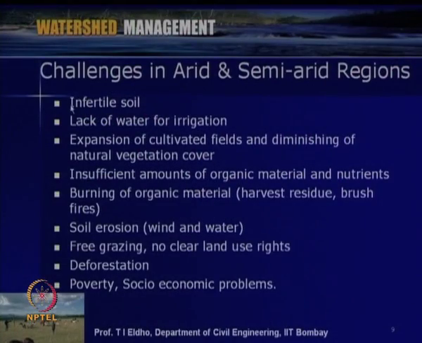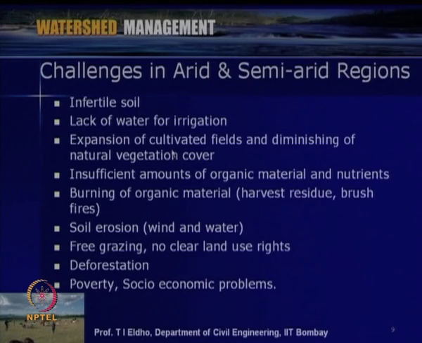Now, within this perspective of the various issues which we discussed so far in the arid and semi-arid regions, let us see what the major challenges are as far as watershed management is concerned. Some of the important challenges are listed here. The soil is infertile, then there is lack of water for irrigation, then expansion of cultivated land and diminishing of natural vegetation cover.